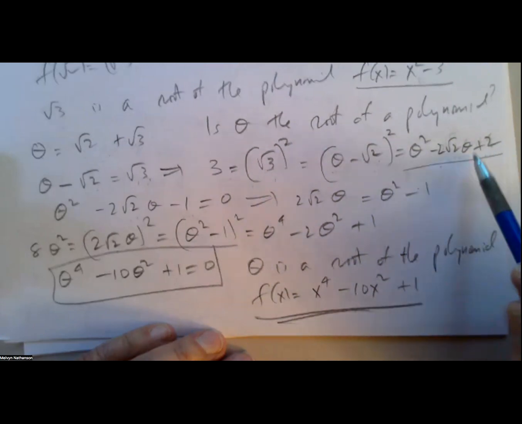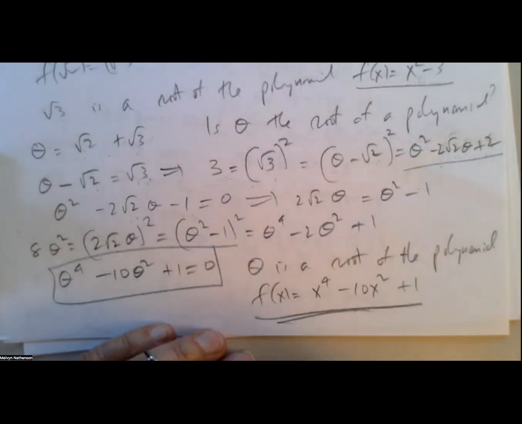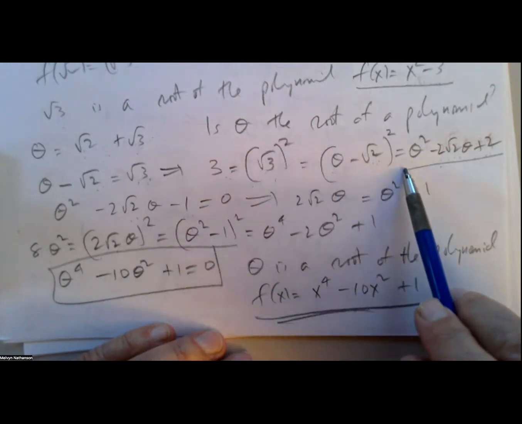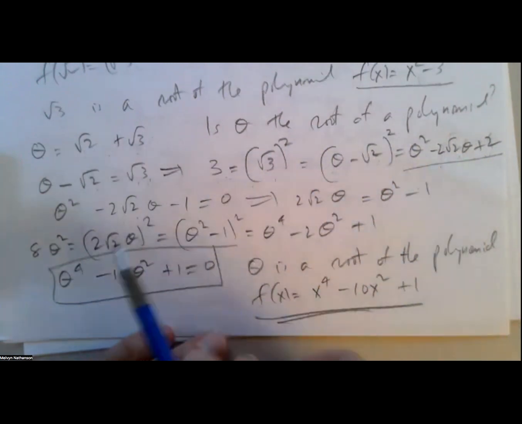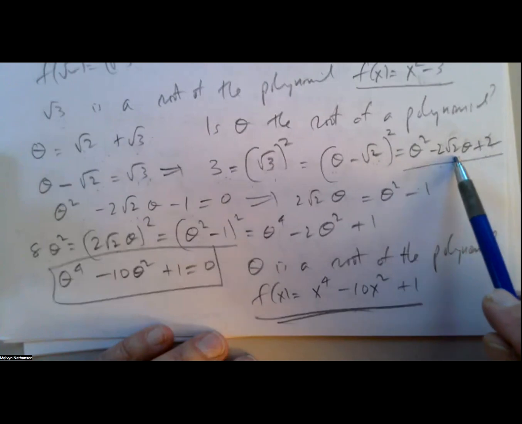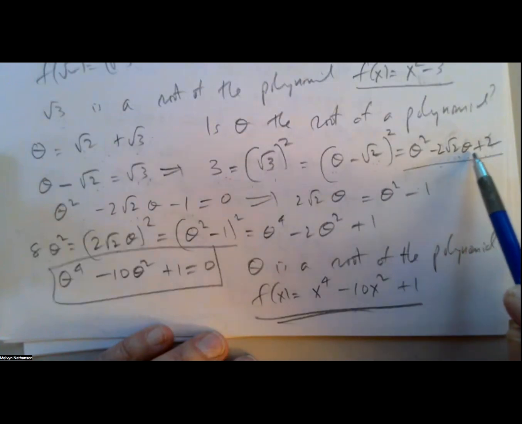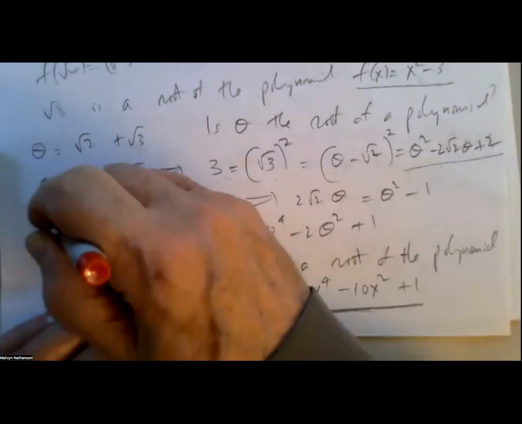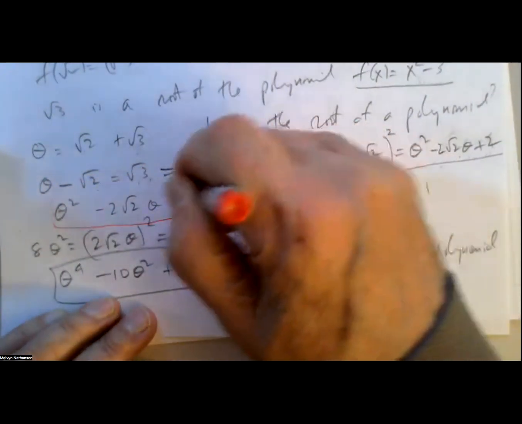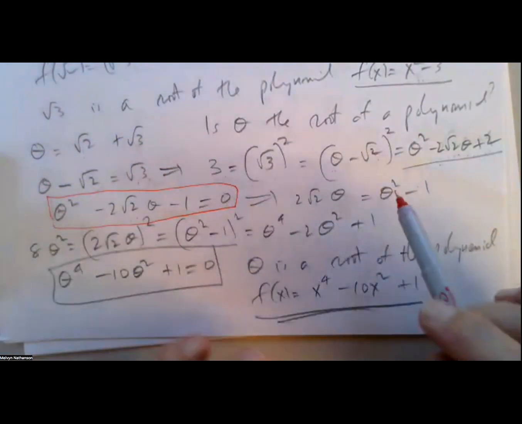So do you see that this equals 3? Is that okay? Yes. And if I subtract 3 from both sides, I get theta squared minus 2 root 2 theta minus 1 equals 0. I get that equation.